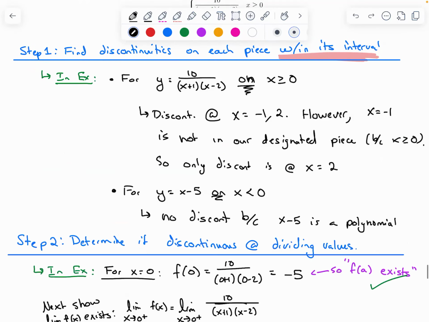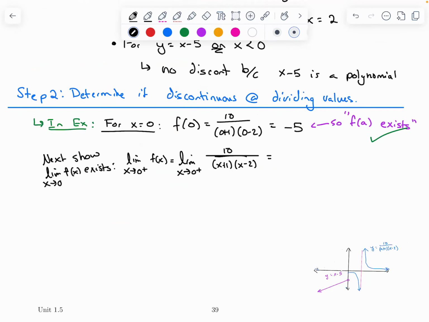And then we can plug it in and you'll end up getting 10 over 0 plus 1 times 0 minus 2, which equals -5. Yes, I know we already just did that computation, but sometimes redundancies have to be shown, right? We already evaluated that number, but it's two different contexts. Here it was evaluating a function.